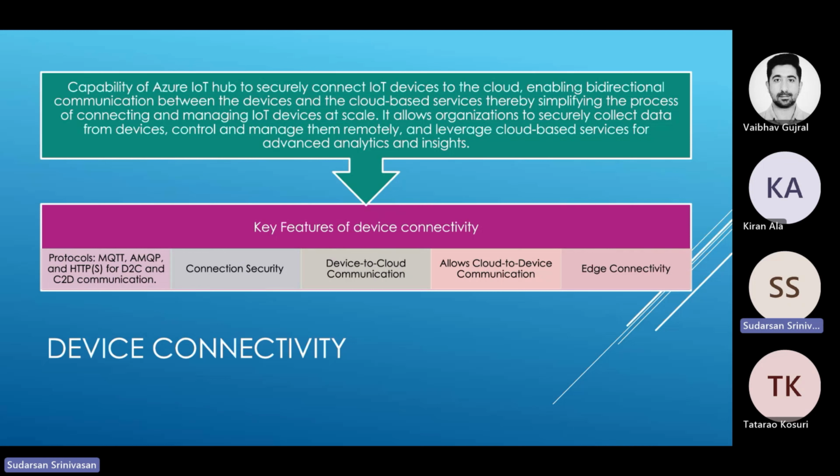And that's it. The IoT Hub will be able to take care of connection security, meaning you need to have an HTTPS connection to it, and there are encryption keys, there are X509 certificates, all of which come into play to authorize a device to get connected to the IoT Hub.